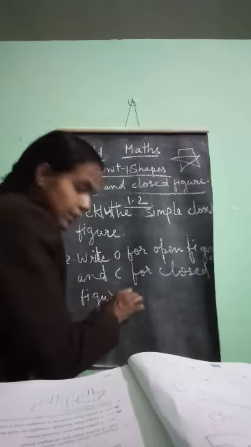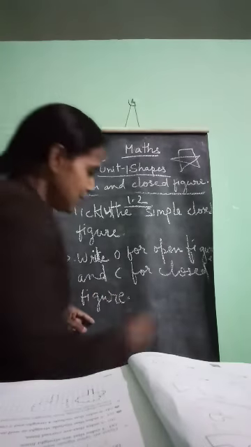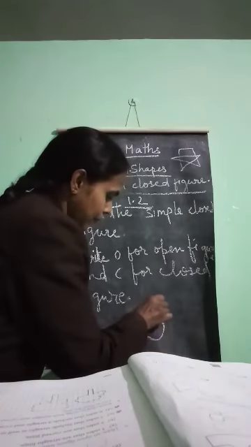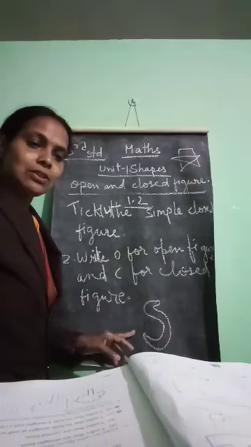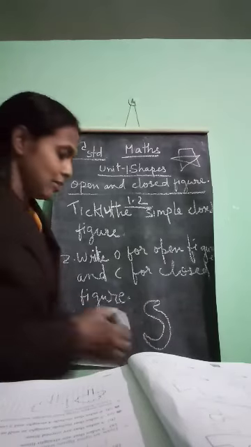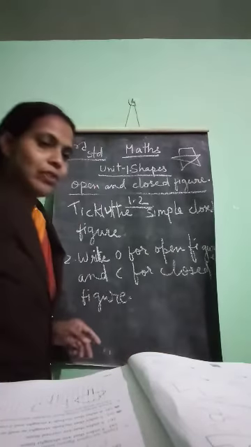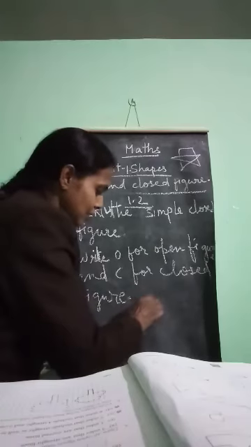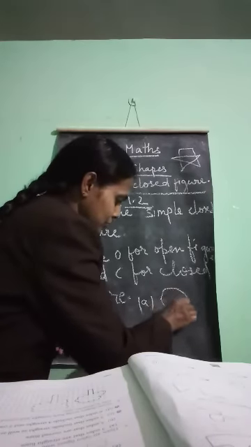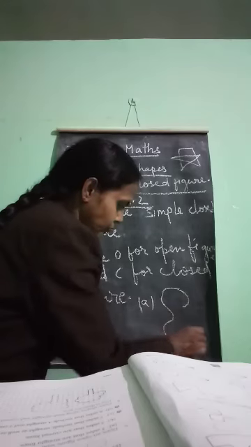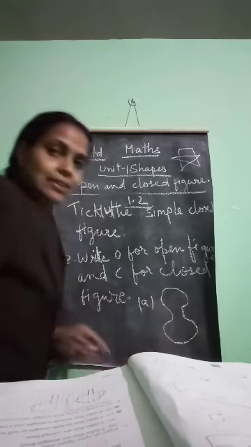So first figure is how it is like this. Sorry, children, not this one. First one, A1 is like this. Like this it is.